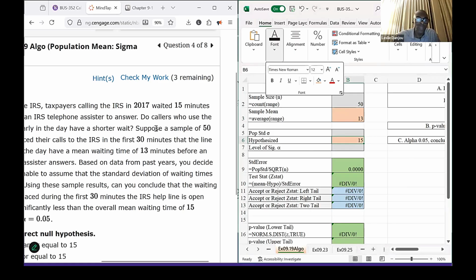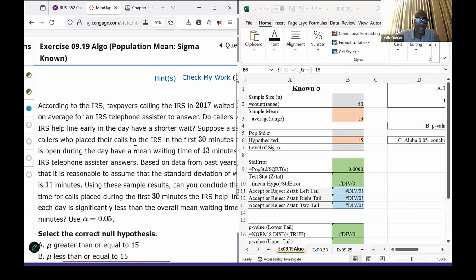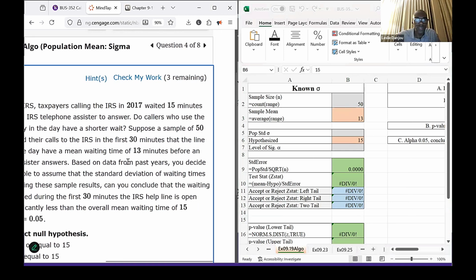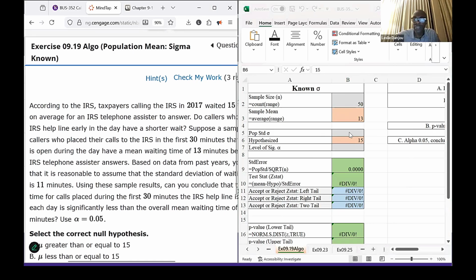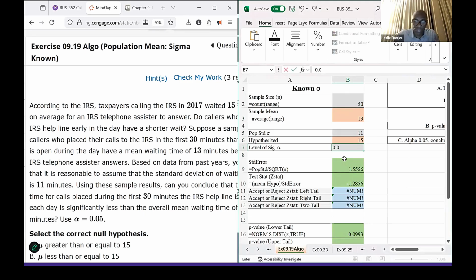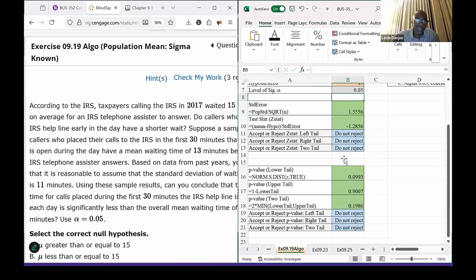And my population standard deviation wait time is 11 minutes. We're gonna put 11. My level of significance, 0.05. All right, and I have everything that I need.